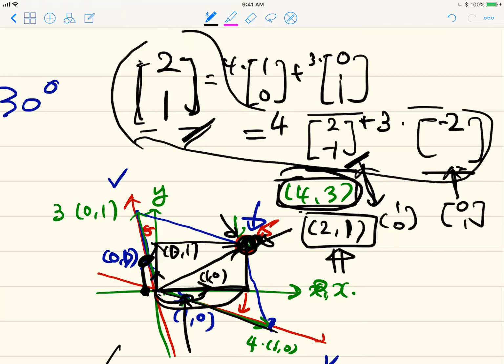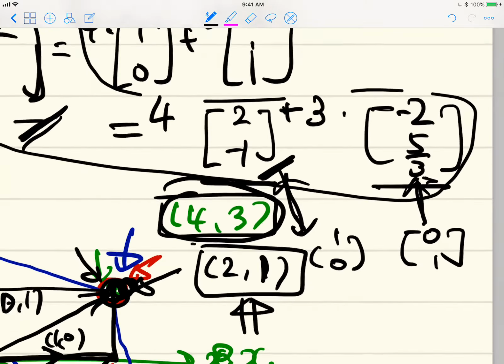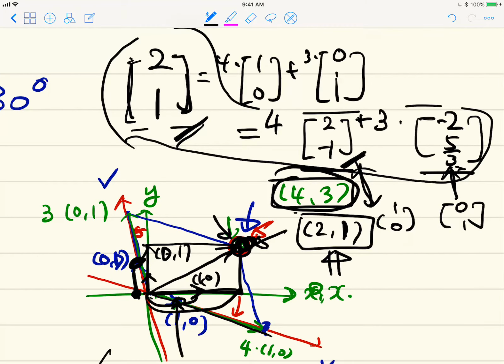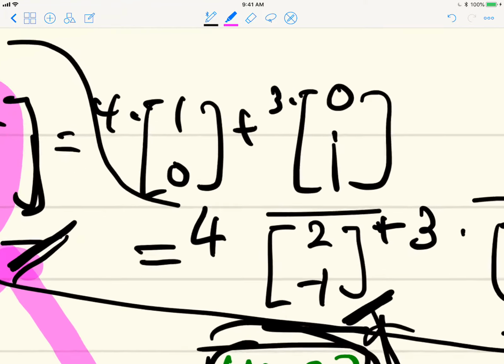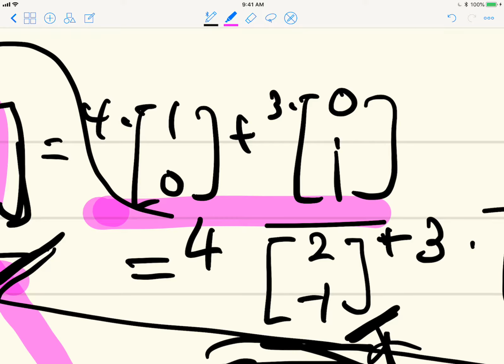Then it will be like this, right? Sorry, it's a little bit messy, but suppose you are given this point originally, which is this 2 comma 1, okay? And then it is really trivial, right?